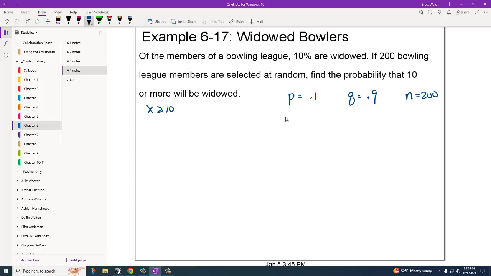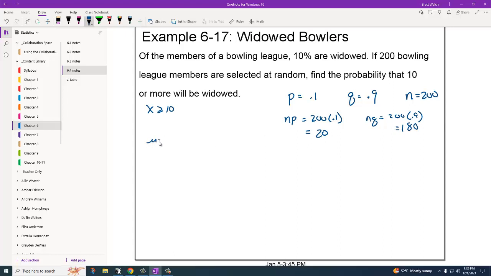So real quick, doing my check, NP is 200 times 0.1, which equals 20, which is definitely bigger than 5, and NQ would be 200 times 0.9, which is 180, definitely bigger than 5.